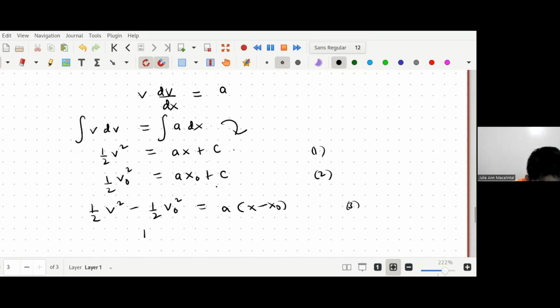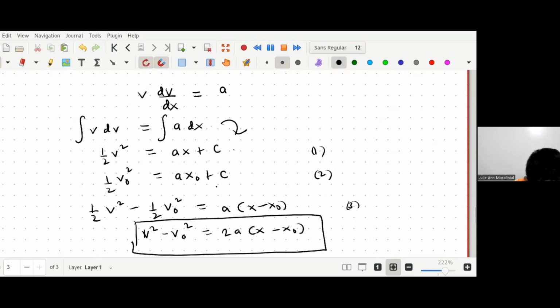Or people usually write this as v square minus v naught square is twice a times x minus x naught. So ito yung third kinematic equation. The difference in the square of the speeds is related to the displacement.